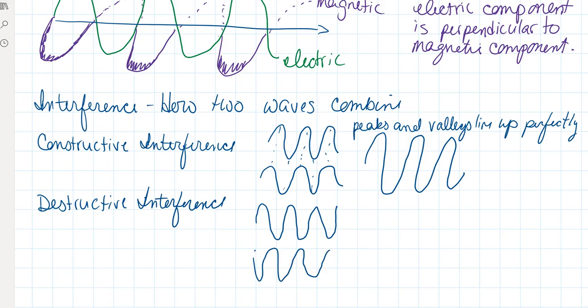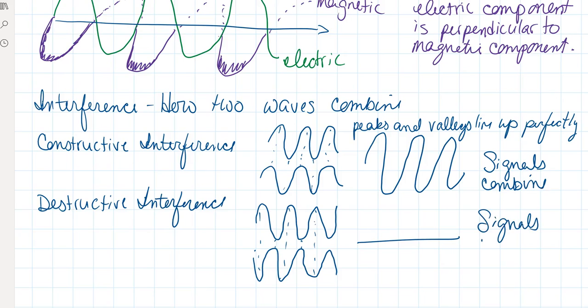And I see that my peaks and valleys line up, and when we add them together, they cancel out. So in constructive interference, my signals combine, whereas in destructive interference, my signals cancel.